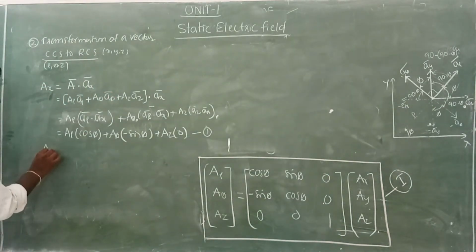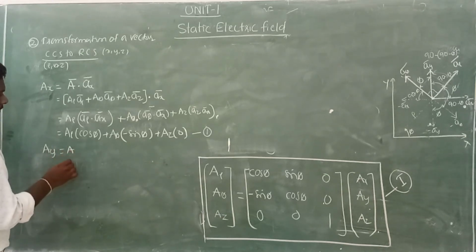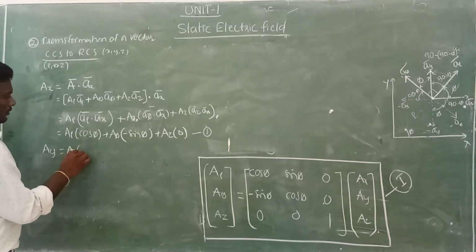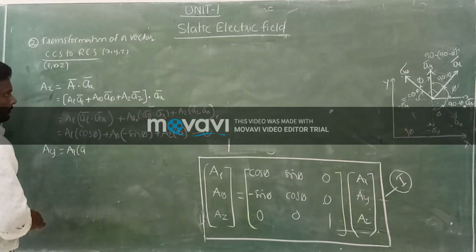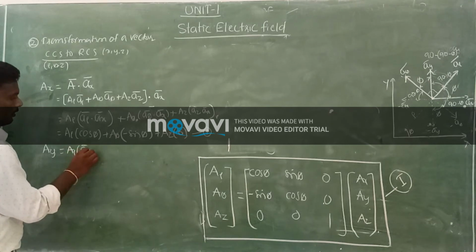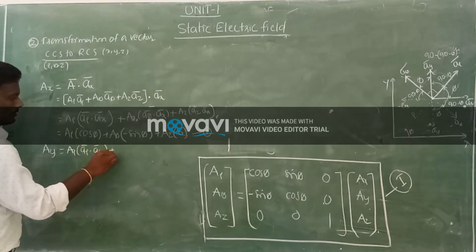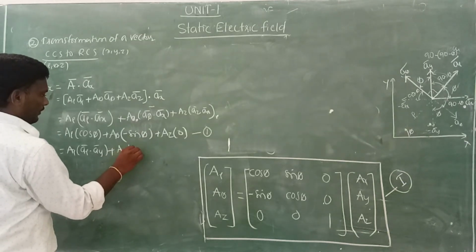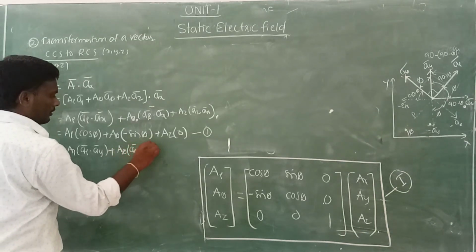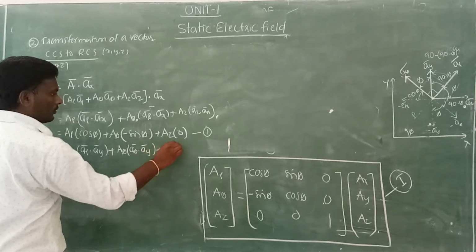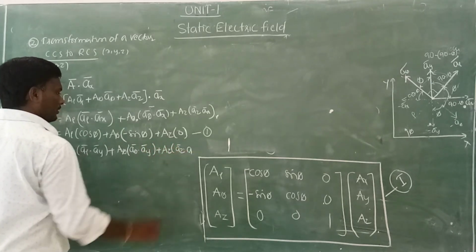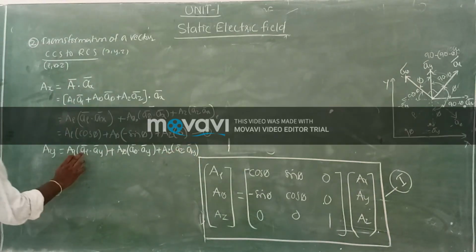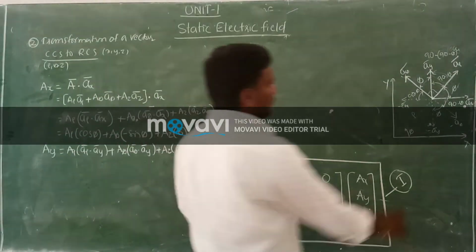Next, similarly go for the calculation of Ay. I am doing it directly here. A rho into a rho bar dot ay bar plus A phi into a phi bar dot ay bar plus Az into az bar dot ay bar. Well, the angle between a rho and ay: where is a rho? This one.